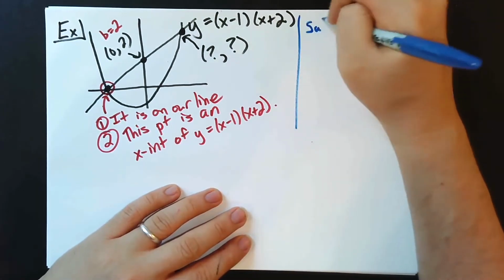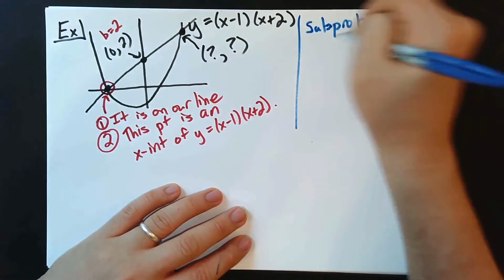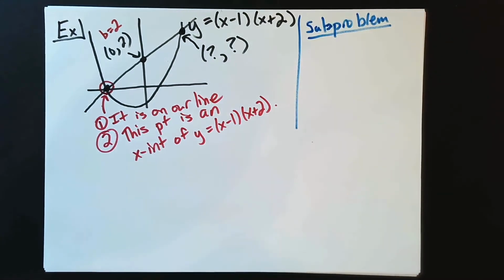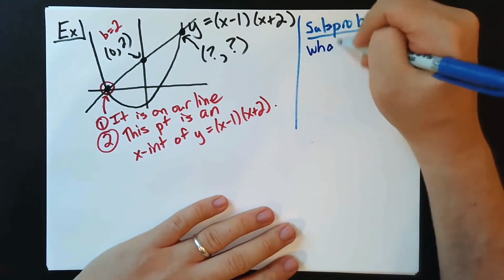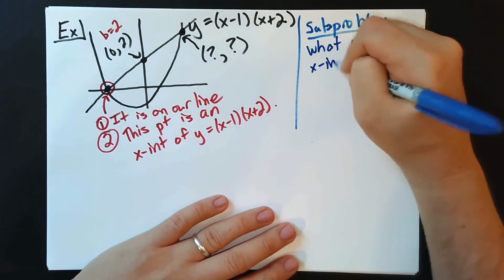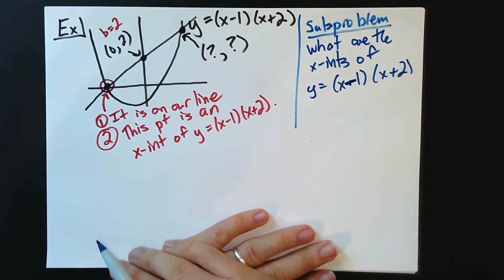So now I have entered into what I like to call a subproblem, which is just a problem within a problem. Namely, the subproblem is: what are the x-intercepts of y equals (x minus 1) times (x plus 2)?